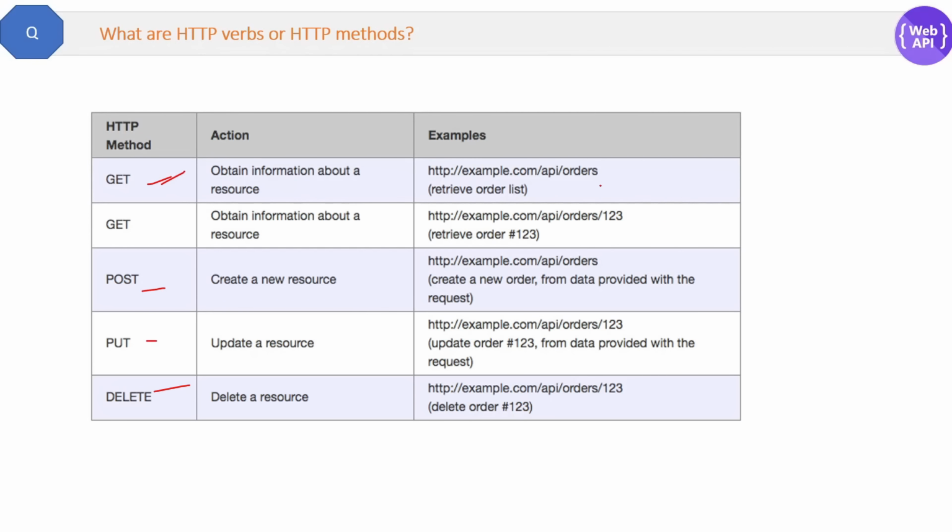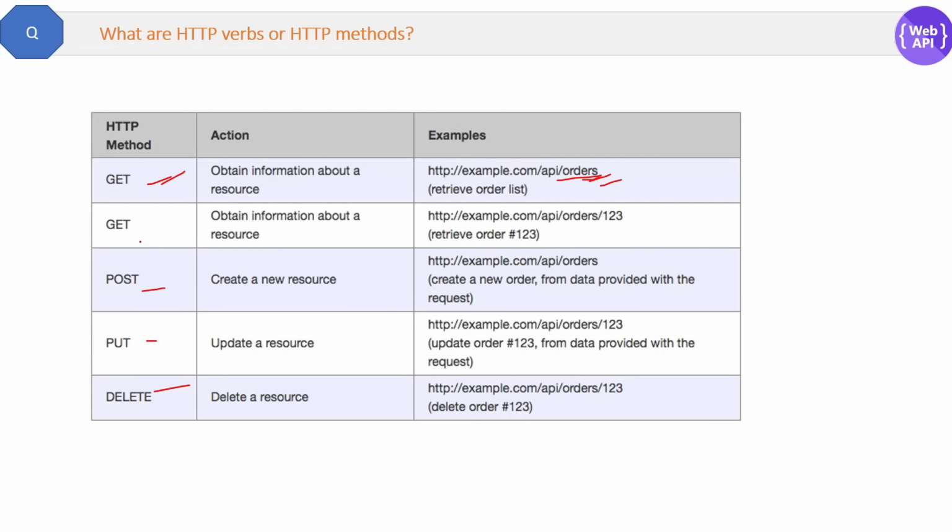In the example, orders is the resource and it will get the whole order list. When I say resource, it is basically your class, the resource which this request is asking for. So it is asking for this orders list. So this get will get the orders list.